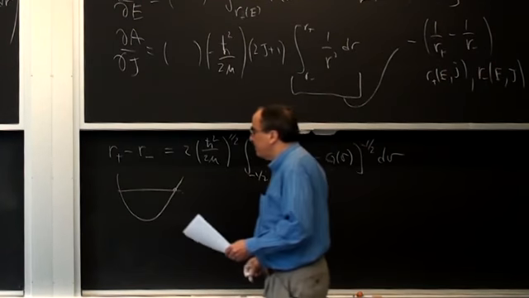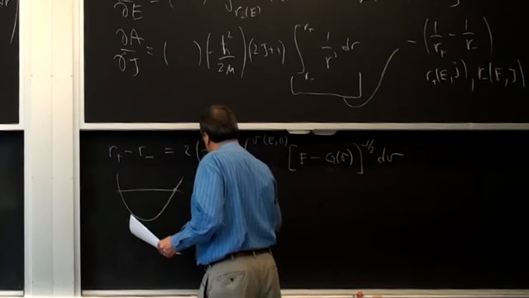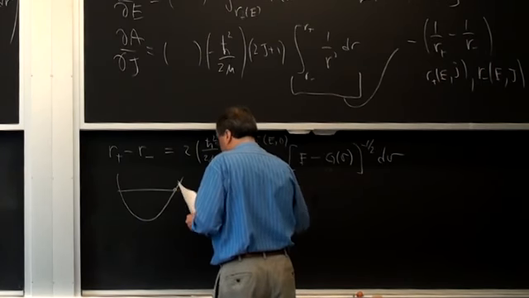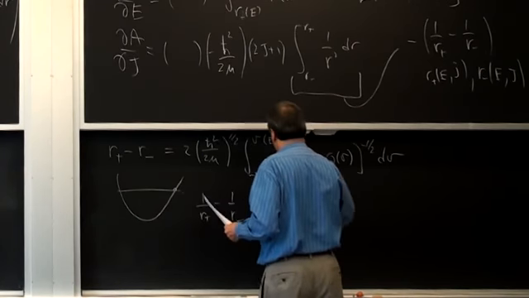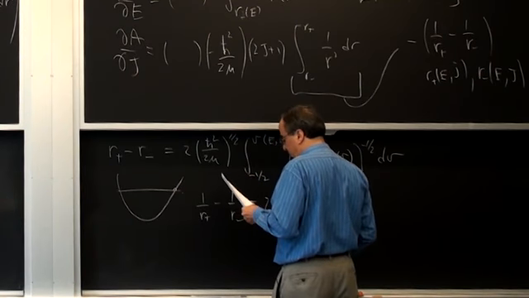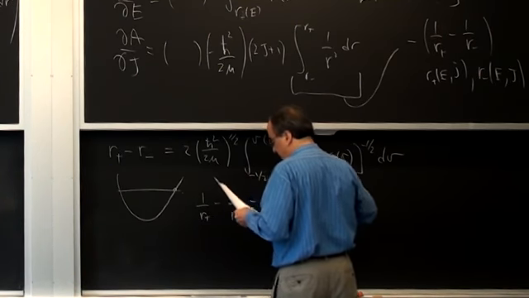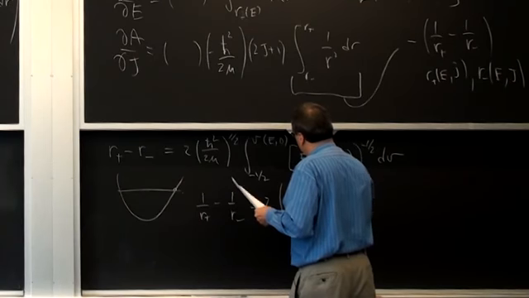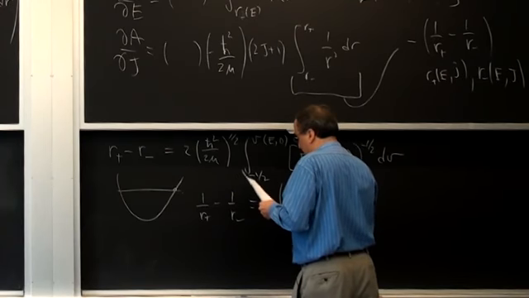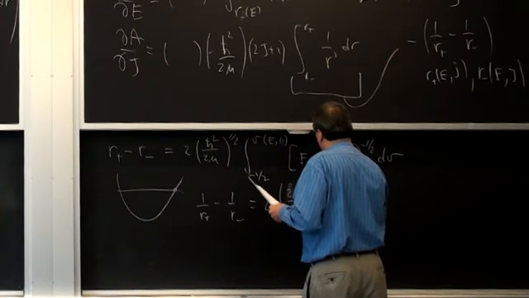Okay, and the other one is 1 over r plus minus 1 over r minus. And that's, again, we got this same kind of stuff, except the 2 over 2 mu or h bar squared, square root.